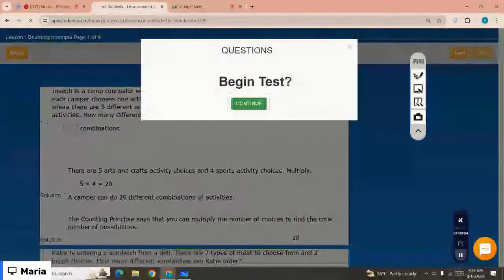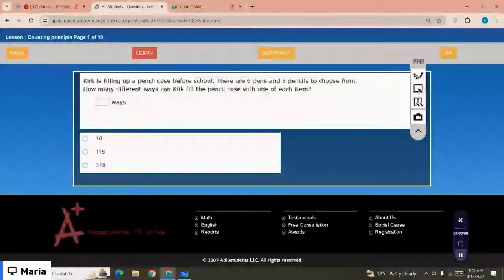Filling up a pencil case before school. There are three, that option is 18.